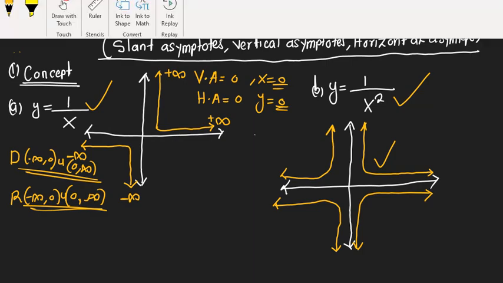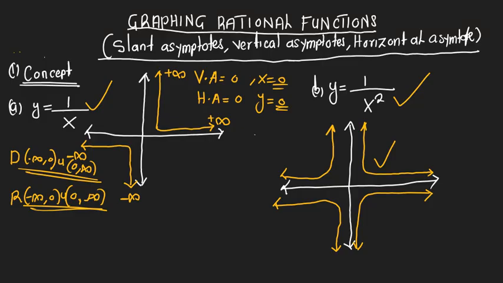Another concept which I want you to understand just now is this. It's going to be C. Now, under C, how do you know that there is going to be a slant asymptote somewhere? How do you know a slant asymptote exists?